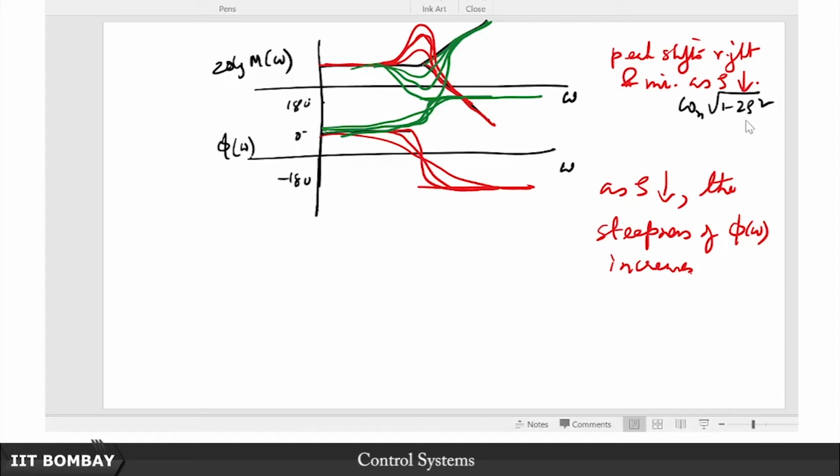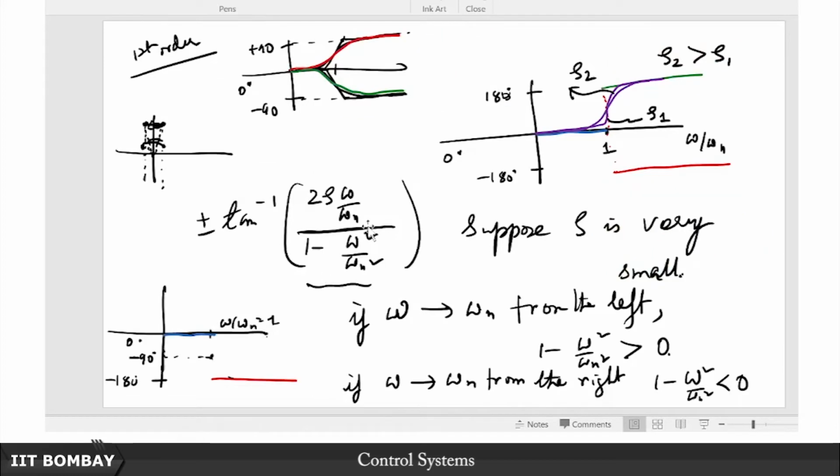So to quickly recapitulate once again, we saw that if you have a phase function that looks like this, as we have derived already, the phase function looks like this for a second order factor, then you see that as omega tends to omega n, the imaginary part of this complex number, which is sitting in the numerator here in the tan inverse argument, depends on zeta.